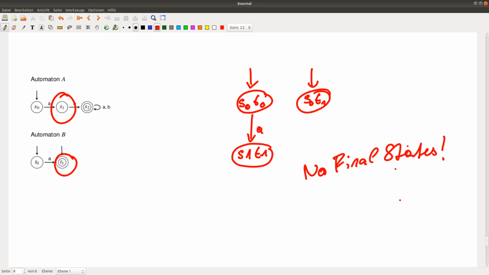And therefore the language of this automaton is empty. And so the language of A cross B is empty. And this means that A and B do not have any joint words together. Yeah, this was the second example I wanted to show you.